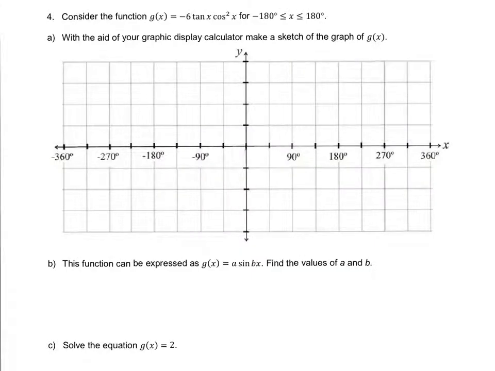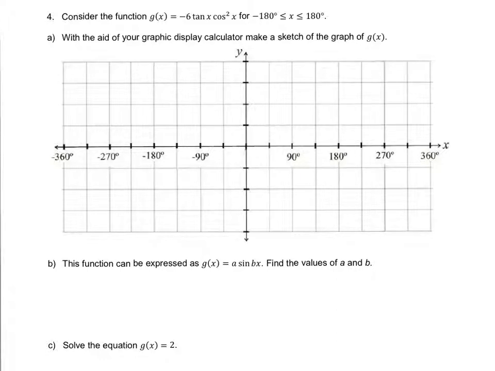Okay, this next question says, consider the following function, g of x is equal to minus 6 tan x cos squared x, and we're only looking at it from minus 180 to 180. Well, I'm not expecting that you should be able to graph this just by knowing what it's going to look like. But I am expecting you to be able to use your graphing calculator and make a sketch of it.